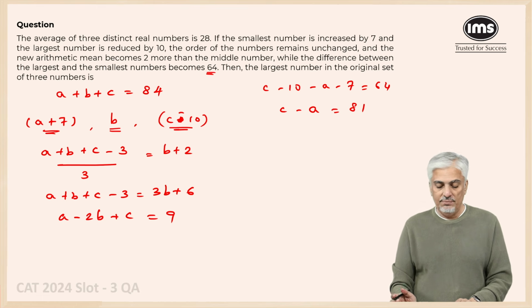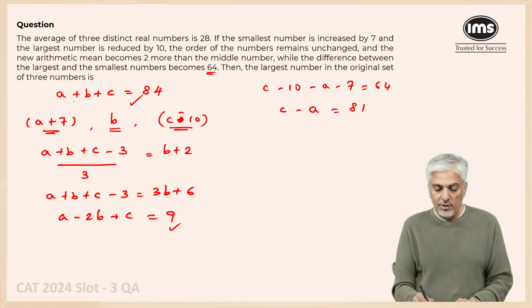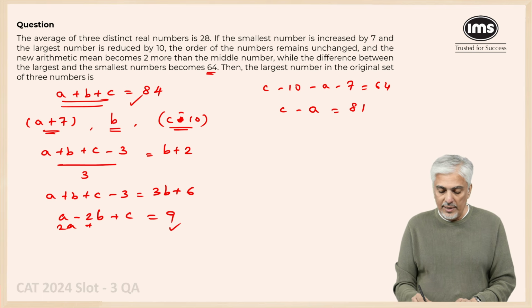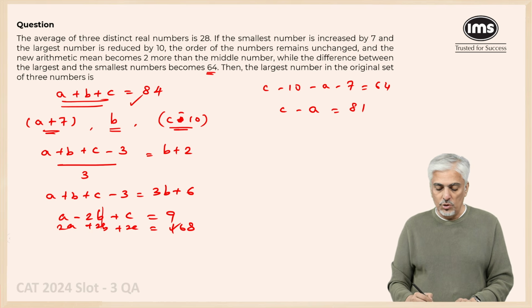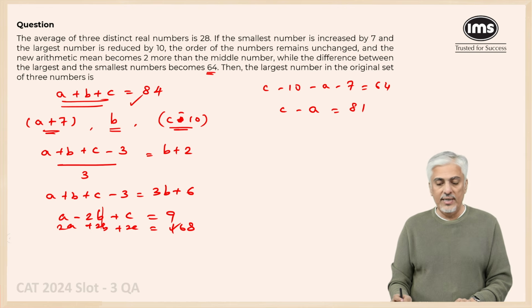Over here you can eliminate B between these 2 equations. If you eliminate B, you'll have to multiply this equation by 2. So you'll get 2A plus 2B plus 2C is 168. Subtract them, B will cut out. So you'll get 3A plus 3C is 168 plus 9, 177, right?